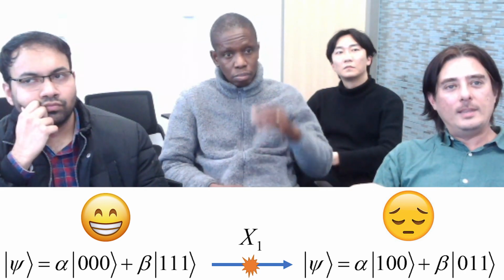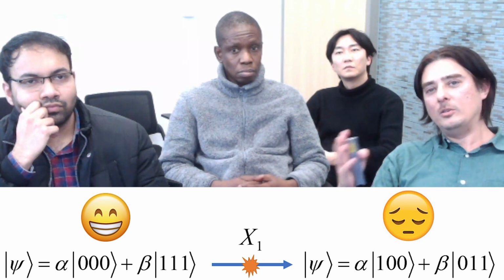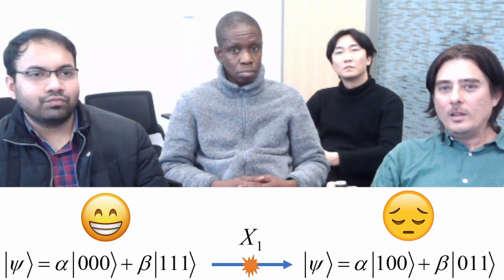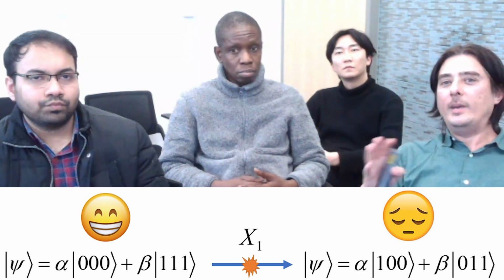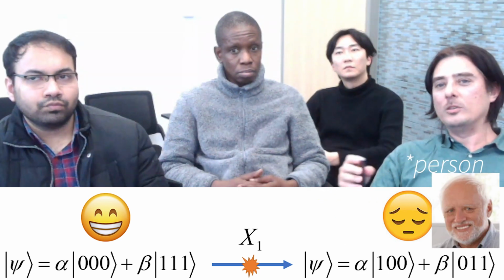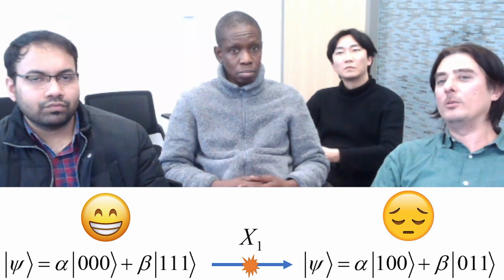So if now an error happens, say, on the first qubit, then as you can see, you can tell that an error has happened because there's an odd one out. For example, in the first one here, 100, you can tell that the error has happened on the first qubit. That means we can figure out what needs to be done to correct it.